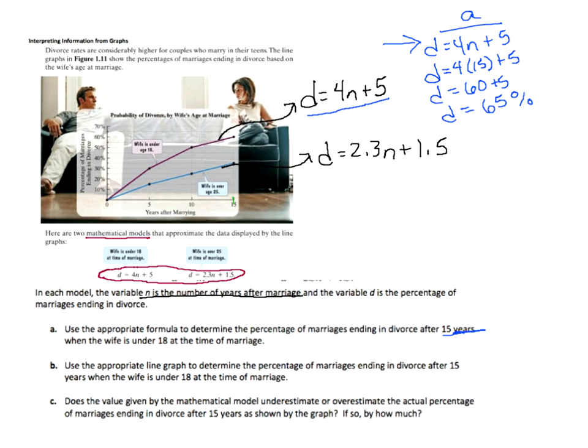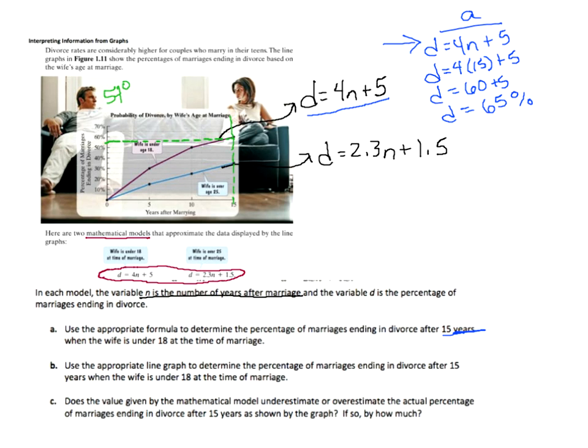So 15 years, let me change colors so it stands out for you. 15 years after marriage corresponds to this X value of 15. So we can see that our red graph intersects about right here, which I've gone downhill a little bit towards the y-axis, probably about 57%, I'd say.